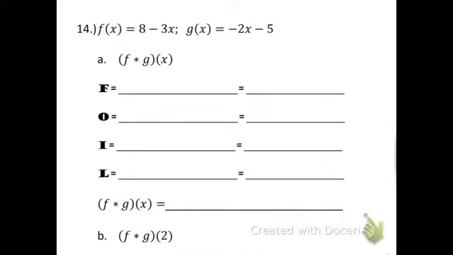And then finishing up with 14, 8 minus 3x, and then negative 2x minus 5. That's a hideous 8. We're foiling, multiply those together.